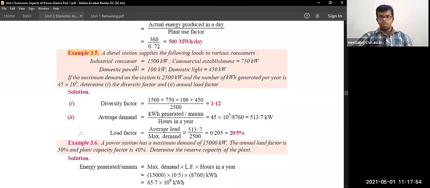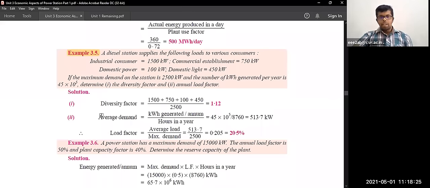So we add 1500 plus 750 plus 100 plus 450 kilowatt, divided by the maximum demand of 2500 kilowatt. On a scientific calculator that gives 1.12, the diversity factor.